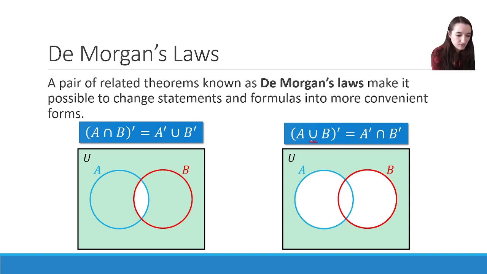So when we bring that complement in, we flip our symbol. Union becomes intersection, intersection becomes union. And so these are the pictures of what those would generally look like. So A union B is, of course, all of this, so its complement ends up being the outside.